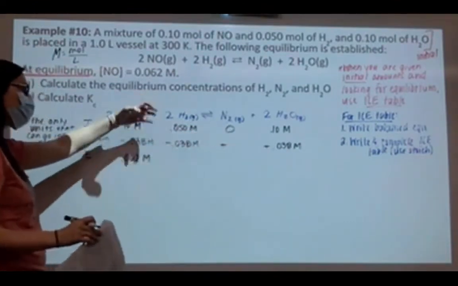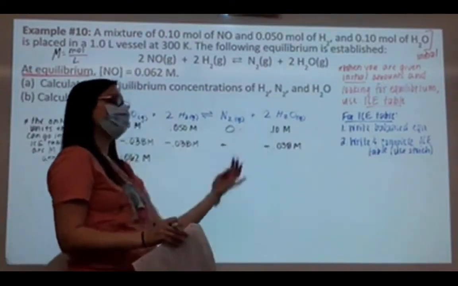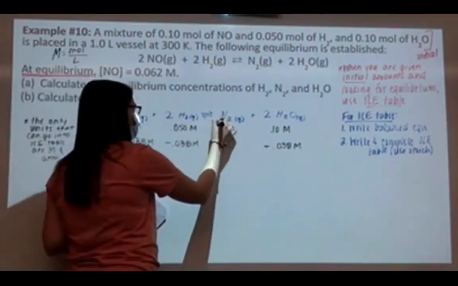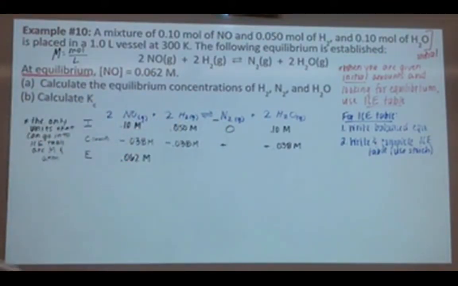NO and H2 are the reactants, they're being used up. N2 and H2O are the products, they're being formed. Now the change of N2. The coefficient of N2 is half that of NO, or H2, or H2O.